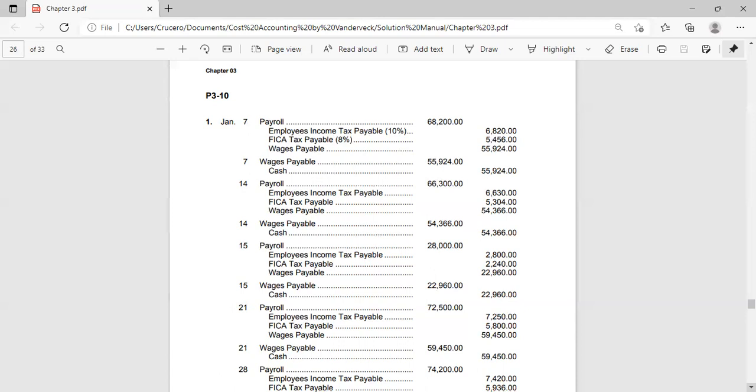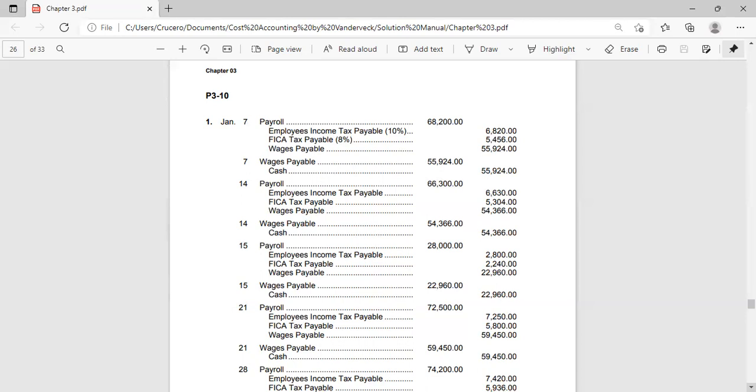Next, on January 14, recorded total earnings of factory employees amounting to 66,300, less deductions, and at the same time we have the employees' income taxes. So on January 14, again, we debit payroll 66,300, credit employees' income tax payable at 10%, FICA tax at 8%, and credit wages payable.